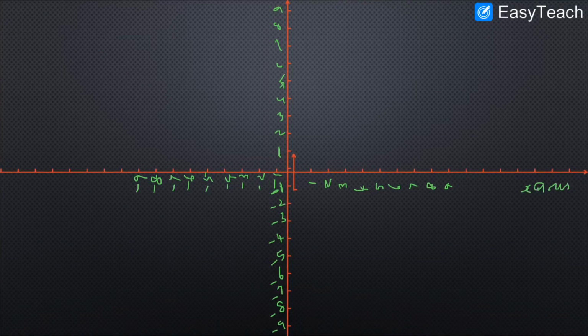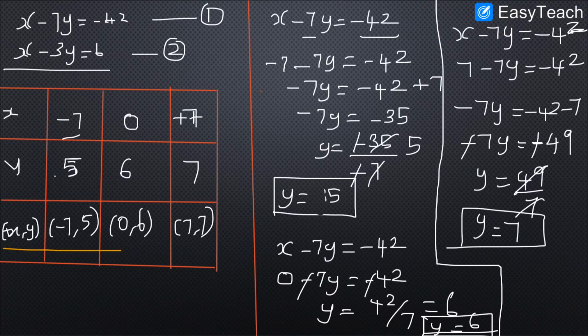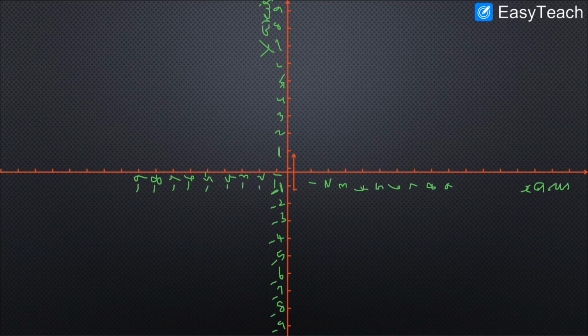Let's plot the graph. This is the x-axis. This is the y-axis. Let's mark these vertices in our graph. First is minus 7 comma 5, which is here.